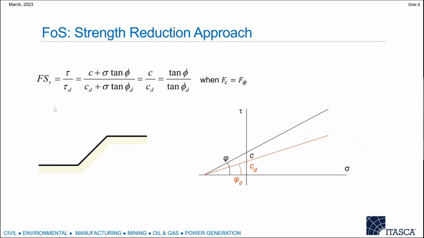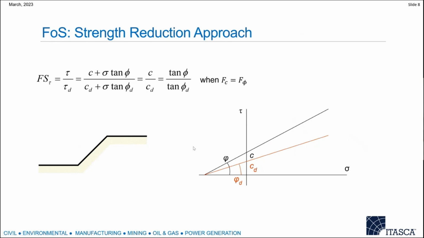We can reduce this variable and then calculate the factor of safety. So in this way, if we assume that the material is a Mohr-Coulomb model, the apex will remain constant, and we just rotate this line around that apex.